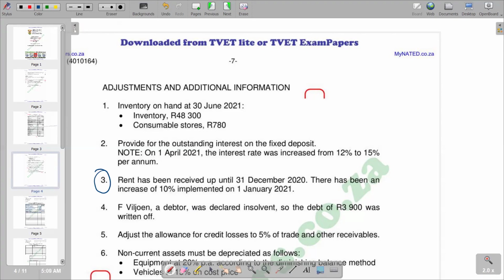So we need to count the number of months before the increase and then after. So also the percentage, we take note what was the percentage before and after, but we're told that it increased. There has been an increase of 10% implemented on 1 January. The first period was from 1 July 2020, when the year is starting, to 31 December 2020.